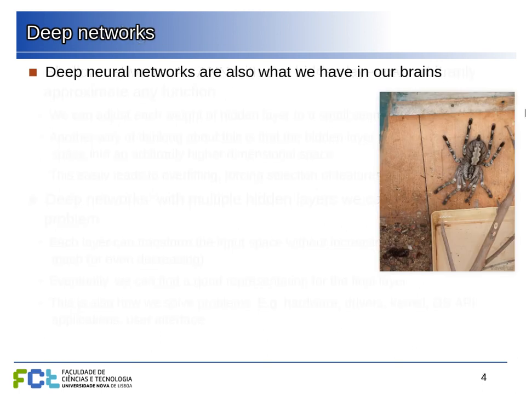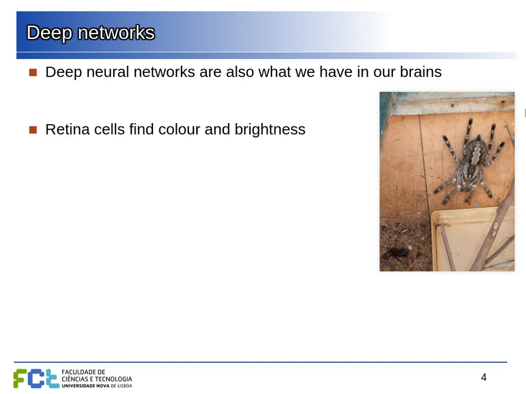So the architecture of the neural networks that we have follows this layered approach, where the retina cells in our eyes, which are actually part of the brain too, so the visual part, the eyes, also grows from the same tissue as the brain. These retina cells will find color and brightness. Then we have ganglia that extract information from regions of several retina cells and identify edges and orientation, so a different level of representation.